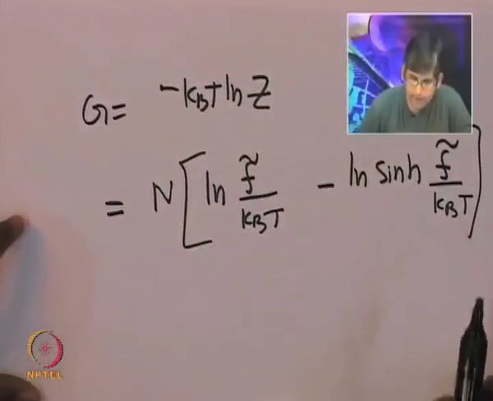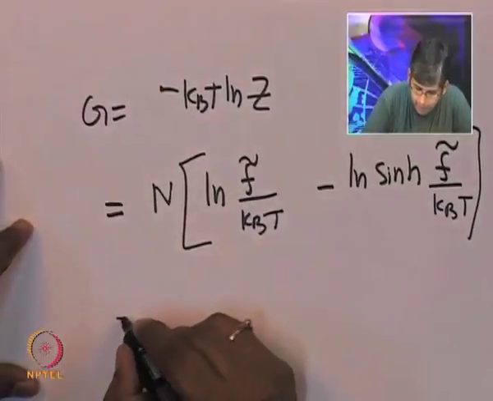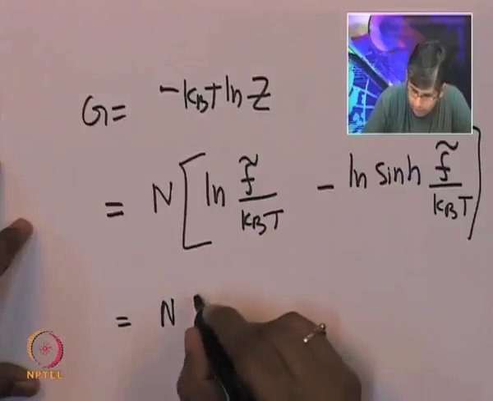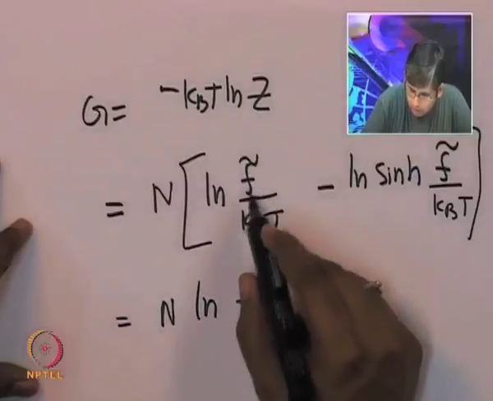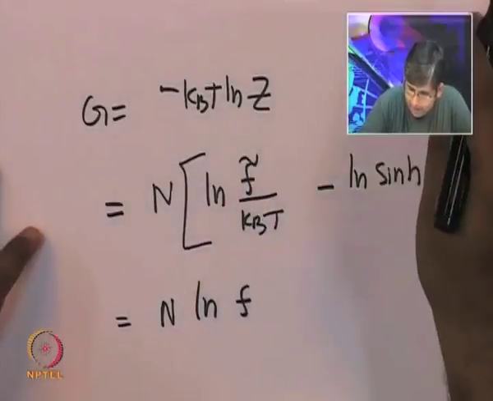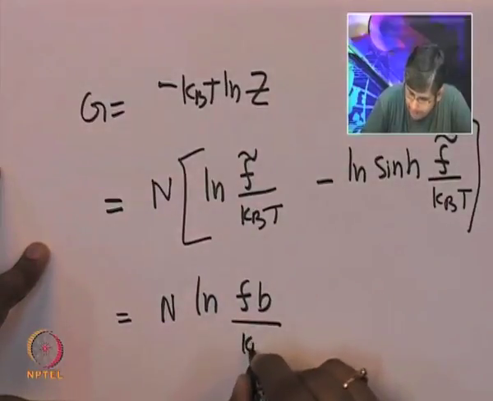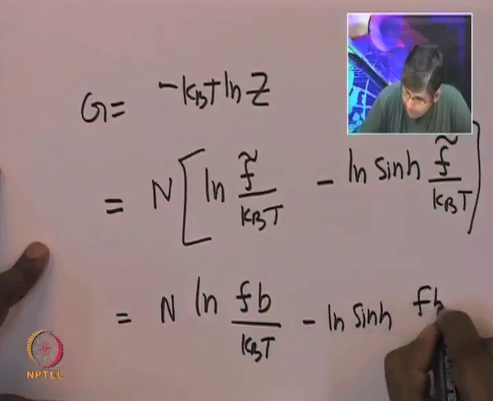Now, you look at here, this is a function of force. So, we can write N into log of f, and this tilde, if you properly look at it, will turn out to be b here: f b by kBT minus log sinh of f b by kBT.